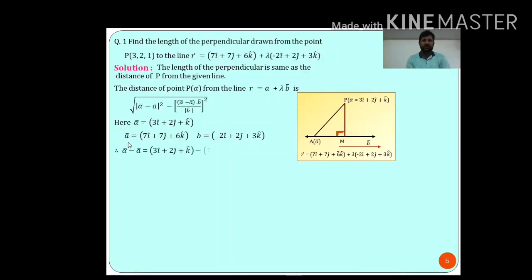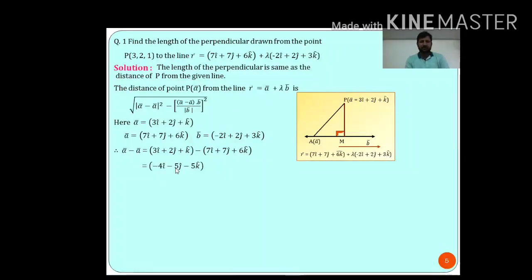Substituting values, check the difference: 3i minus 7i is minus 4i. Then 2j minus 7j is minus 5j. k minus 6k is minus 5k.